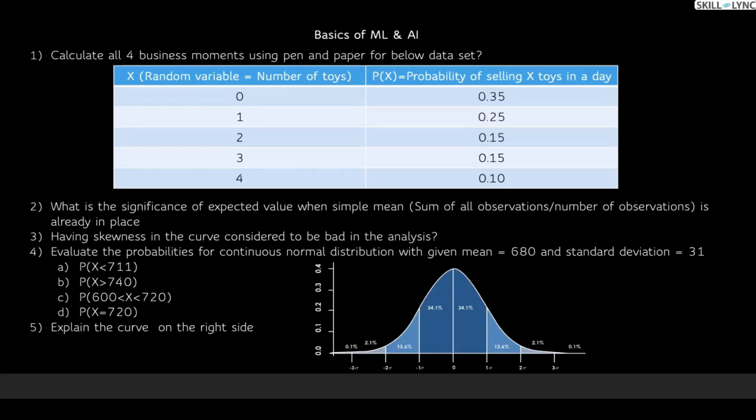The first is descriptive analytics, the second is diagnostic analytics, the third is predictive analytics, and the fourth is prescriptive analytics. These are the four pillars. Whenever you get a project, you should always think along these lines.